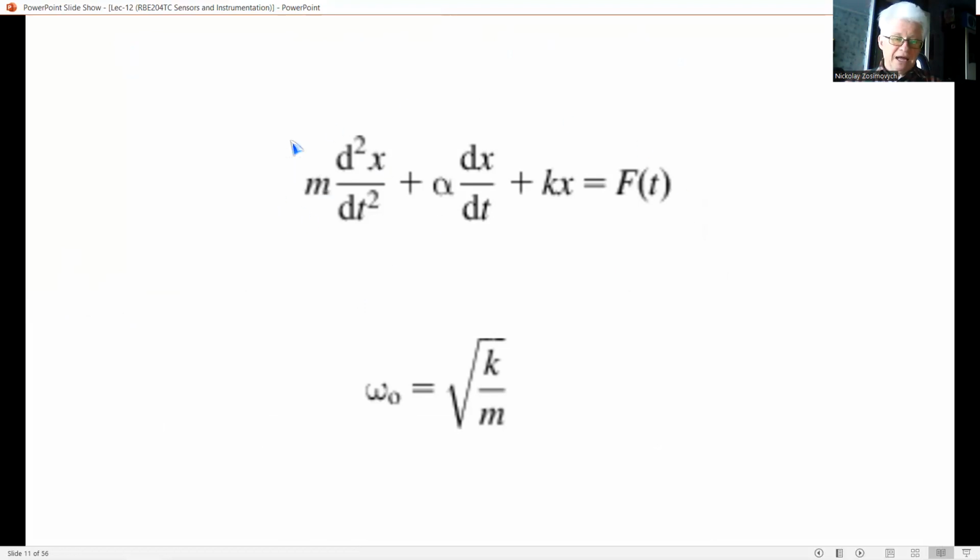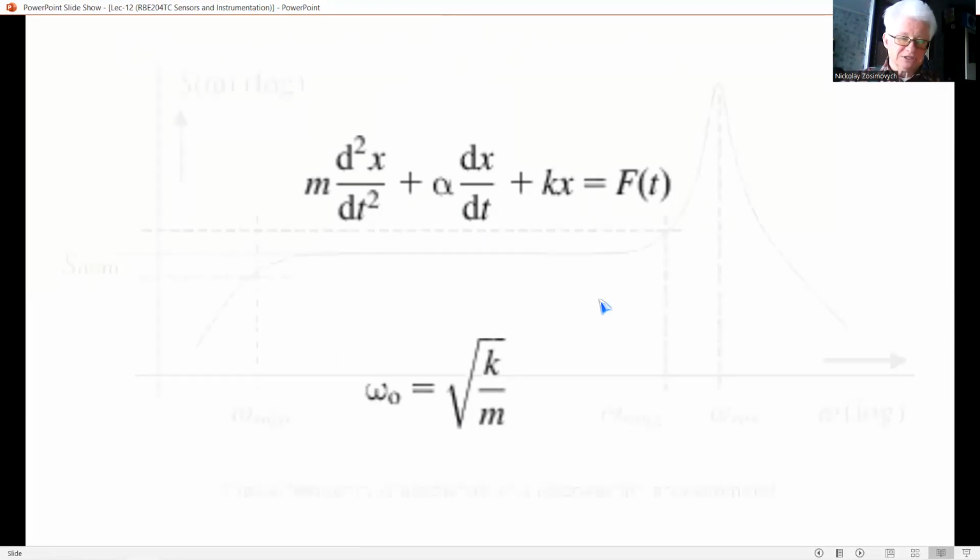Here M is the seismic mass, alpha is the damping constant, and K is the spring constant between seismic mass and base. The natural frequency of the system, in other words the resonance frequency for alpha equals 0, is omega naught. As you can see, omega naught is the square root of K over M.